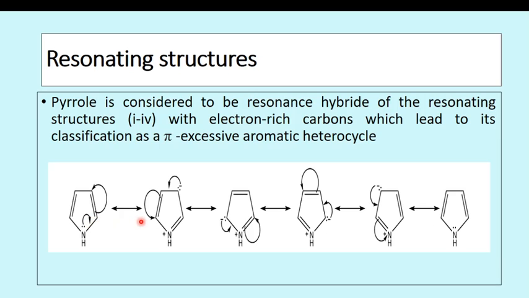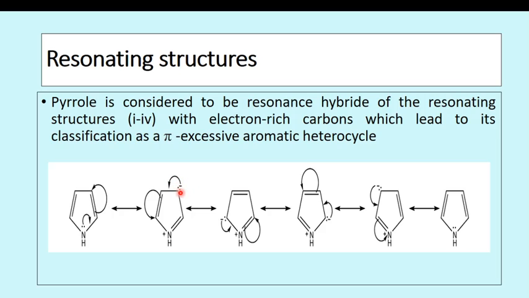Due to that, a double bond forms between carbon and nitrogen, and the other double bond shifts to the neighboring carbon atom. That's why there is a minus charge on this carbon atom at the third position. This minus charge shows that it has a lone pair, so it is electron rich.